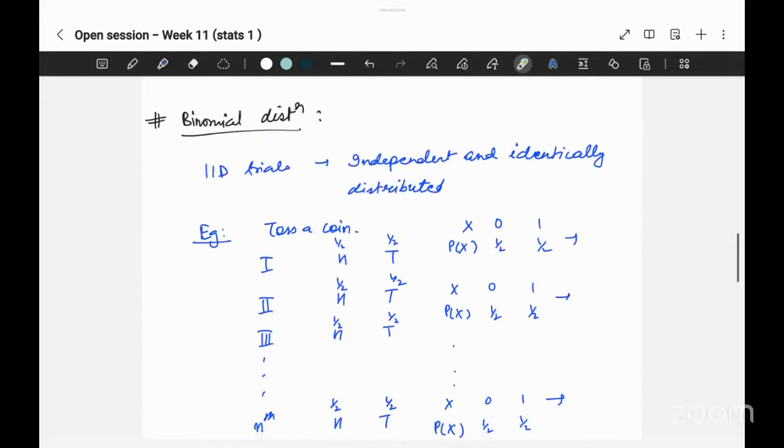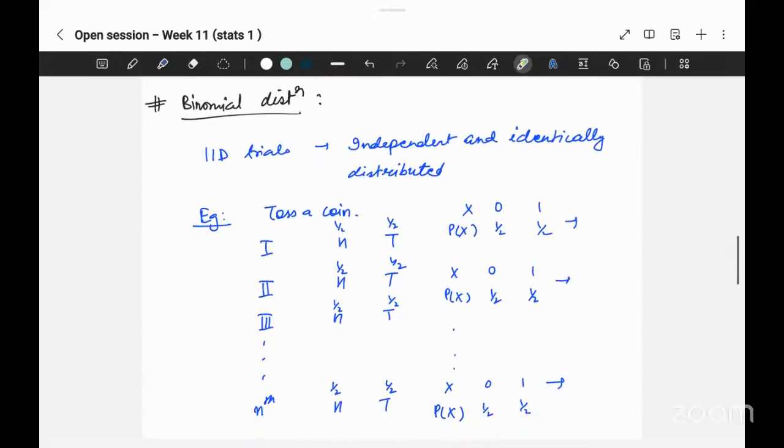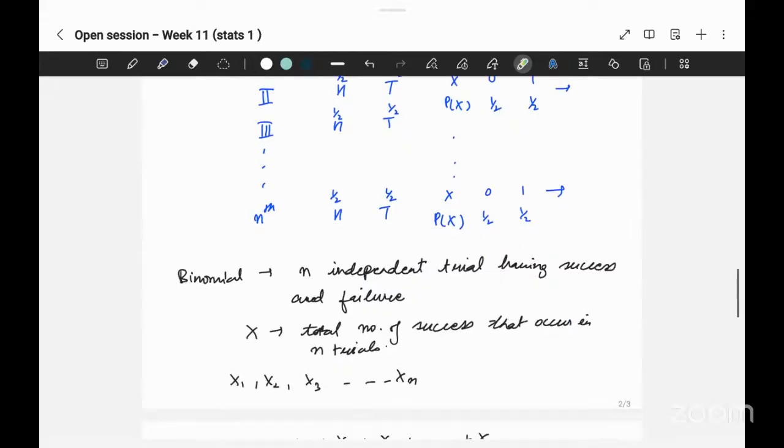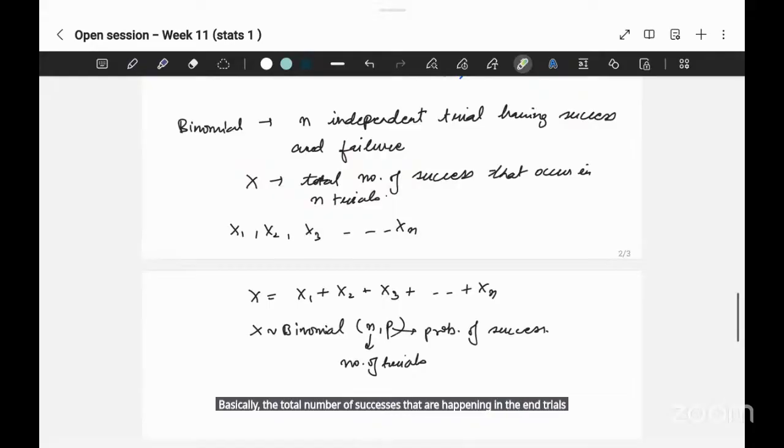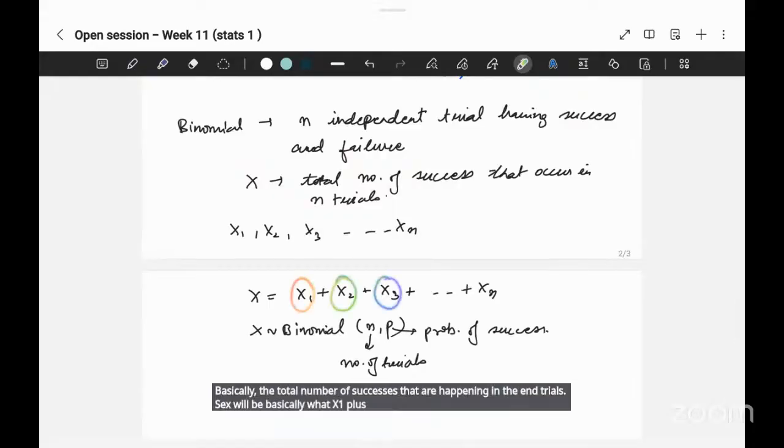But in binomial I have IID Bernoulli trials, each having success and failure. So my X is the total number of successes in the N trials, X1 plus X2 plus X3 and so on. Then it is known that X follows a binomial distribution with parameters N comma P, where N is the number of trials and P is the probability of success. Clear?